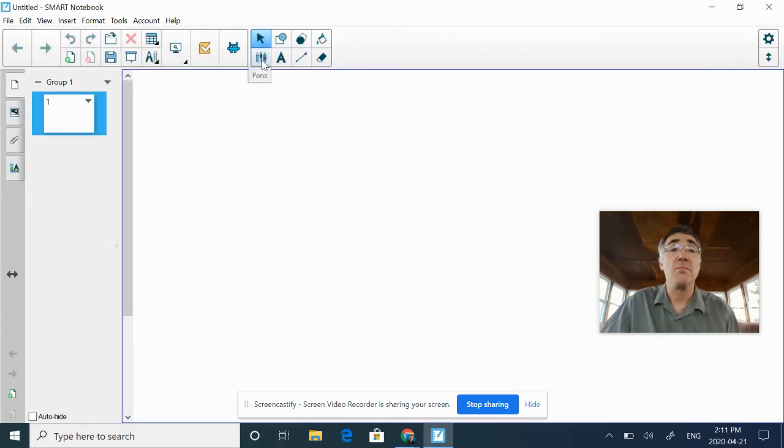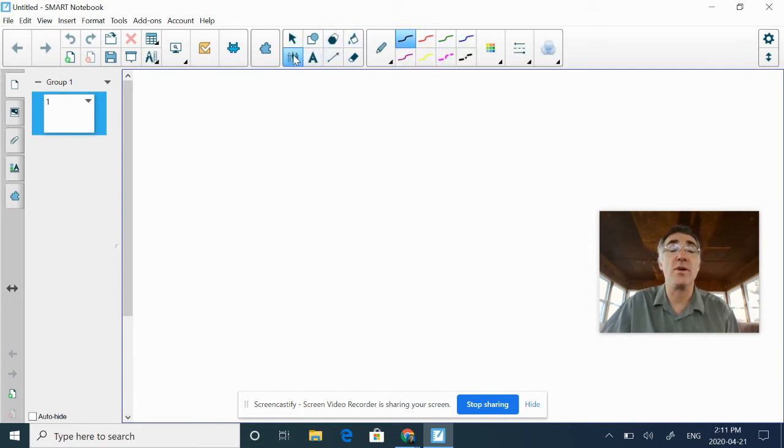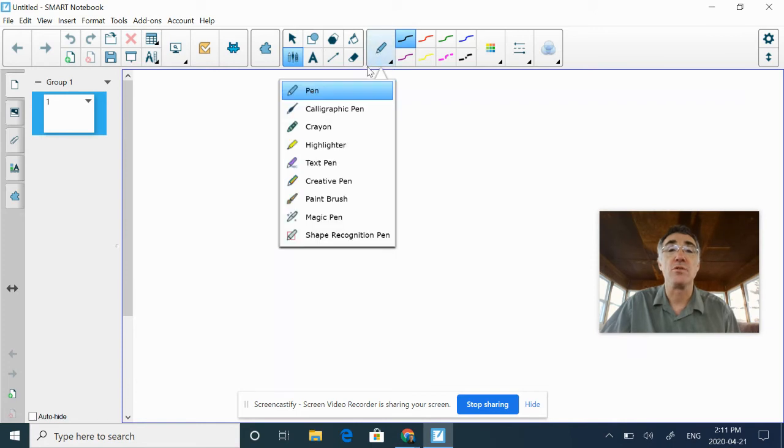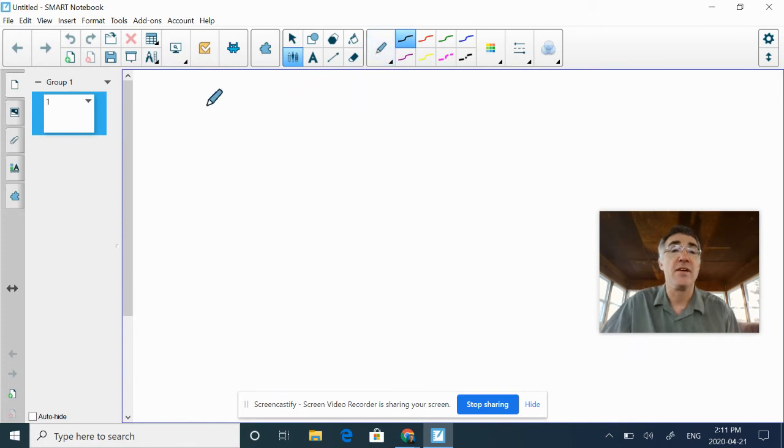By using my base 10, I can certainly do it as tallies. If I want to use my pen, I can certainly draw as so. But I don't want to do 80 of these. That's way too much work.